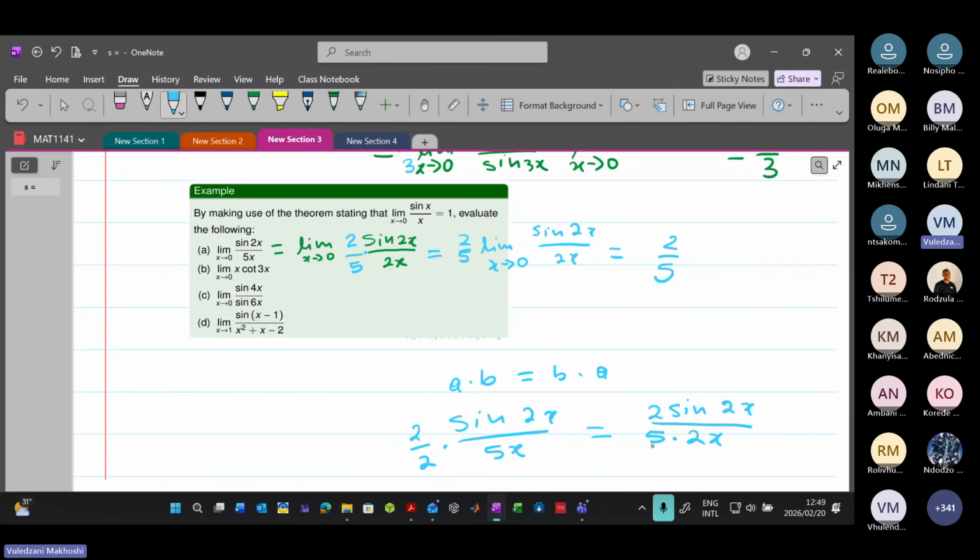I hope it makes sense. So this 2 over 5, that's where it comes from. Does it make sense?